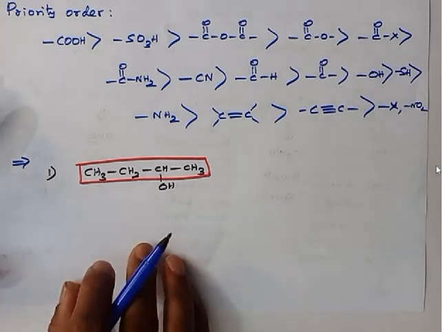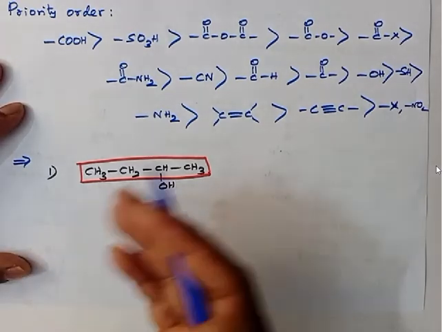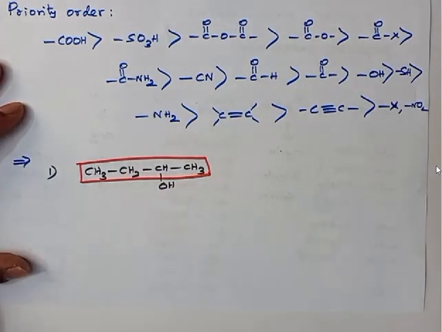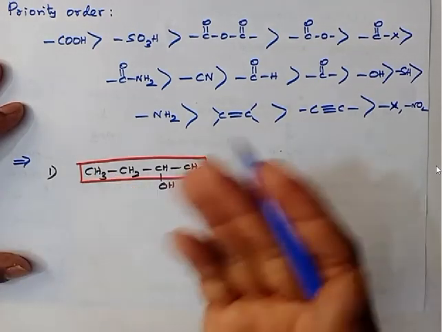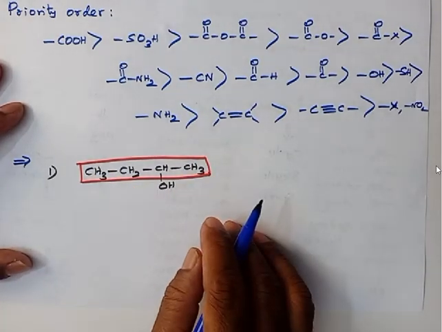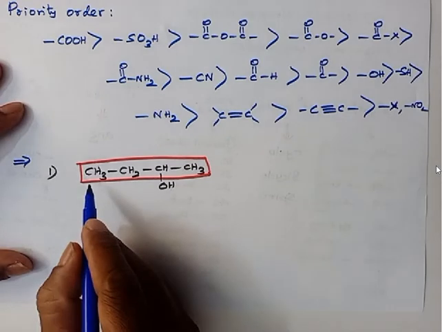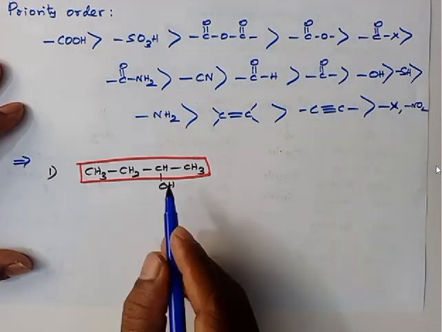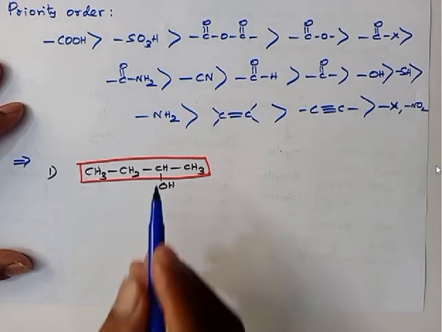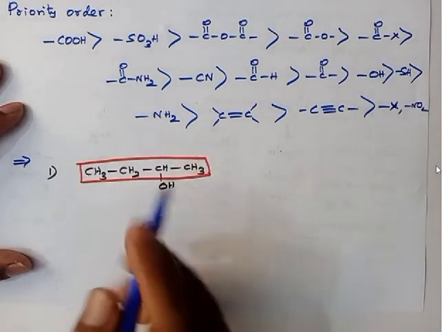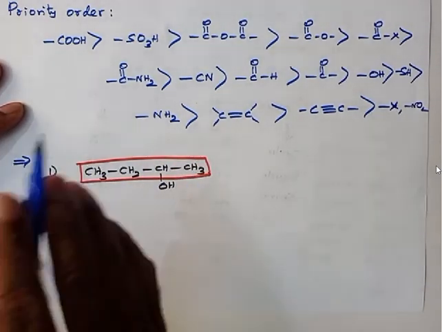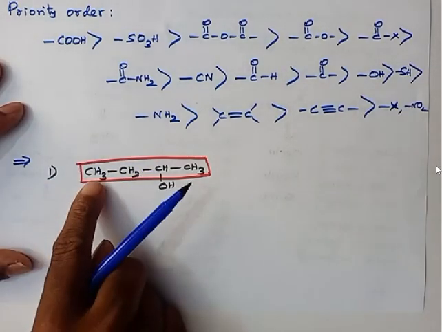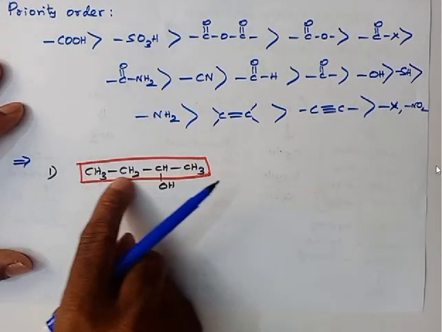Here we are supposed to use numbering because, depending upon the position of the OH group, you will get different isomers. Always while giving numbers, you should start from a terminal carbon. In the parent chain, this is one terminal carbon, this is another terminal carbon. You can start from this side or from this side.